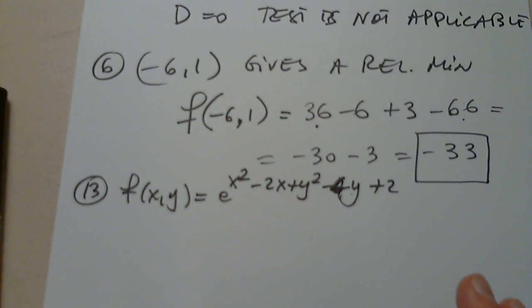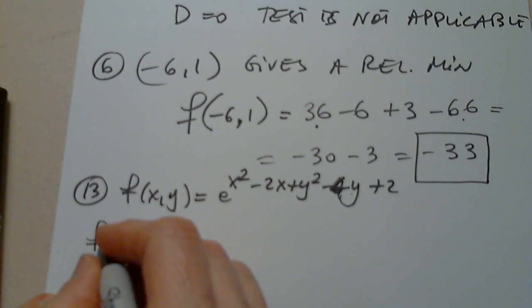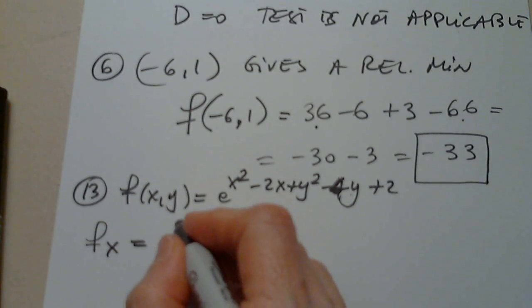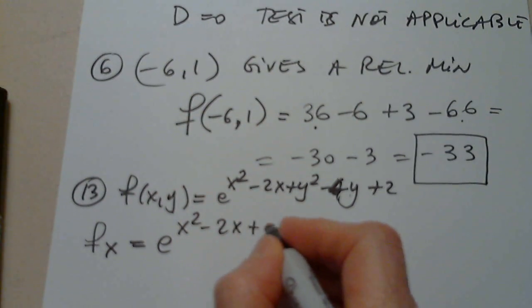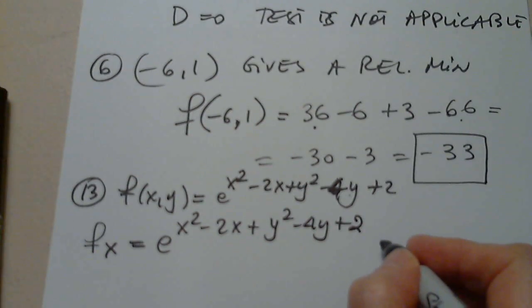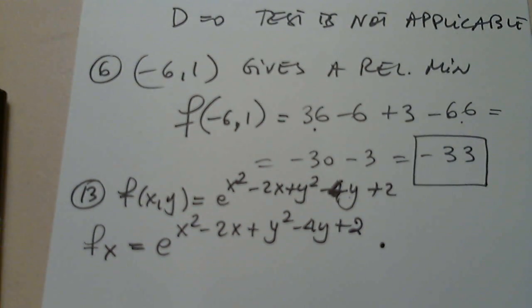So our first step is the function. Step number 2, all derivatives. So we have to find fx. Remember the rule. E to a function prime is e to that function times the function prime. We are differentiating only with respect to x.